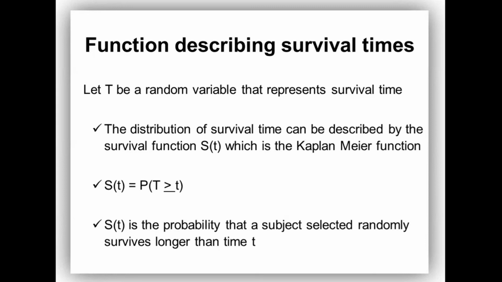What does that mean? Small t is any fixed value. So S of t means the probability of surviving that time t, or the probability of staying beyond that time t.